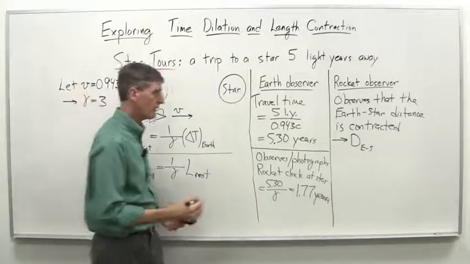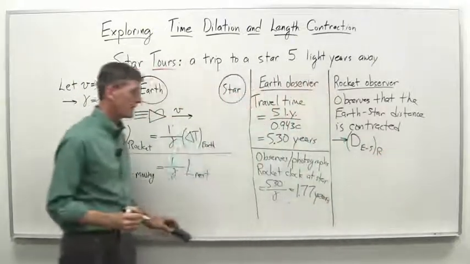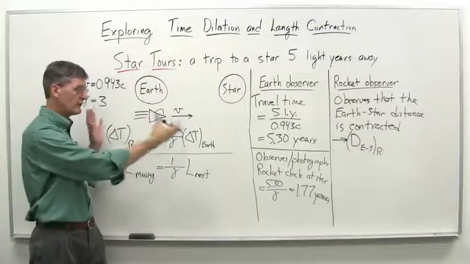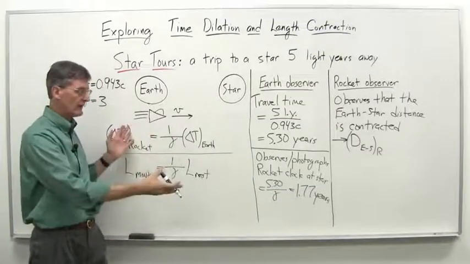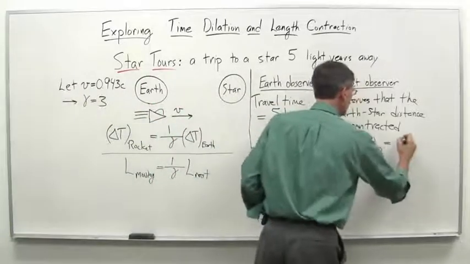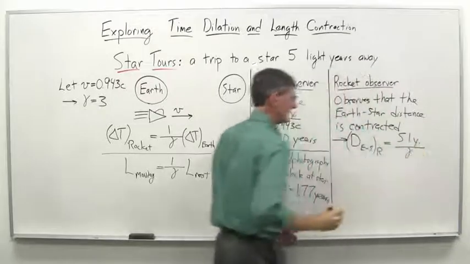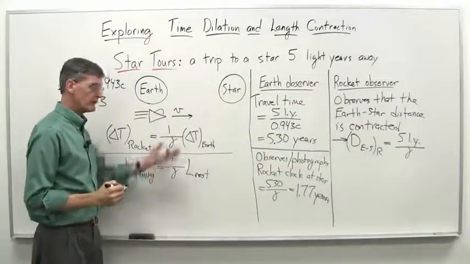Distance between Earth and star according to, this is in the rocket frame now. The distance between the Earth and star in the Earth-star frame is just 5 light years. In the rocket frame, it is 5 light years divided by gamma, which is 3.